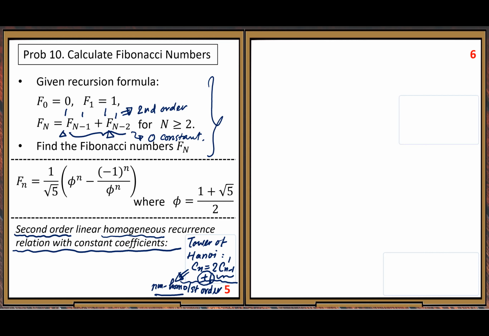Sometimes you may have non-constant coefficients, for example (n minus 1)f_n plus (n plus 1)f_{n-1}. That is a non-constant coefficient. But here, both coefficients are 1.